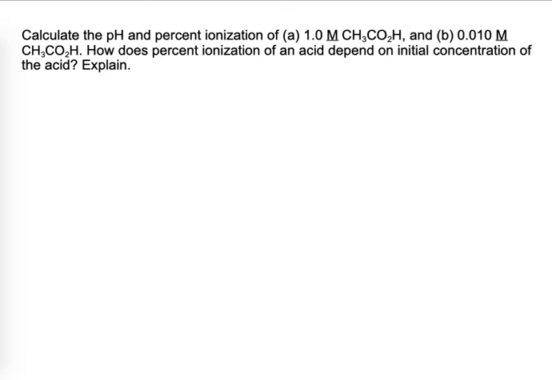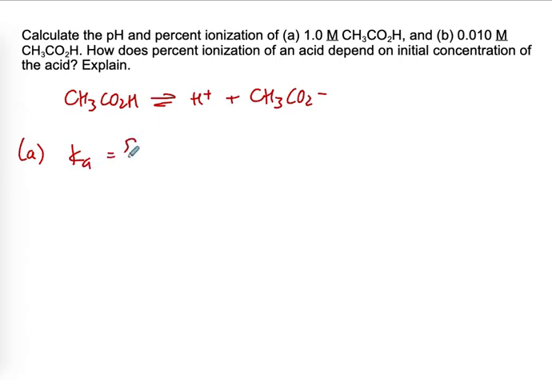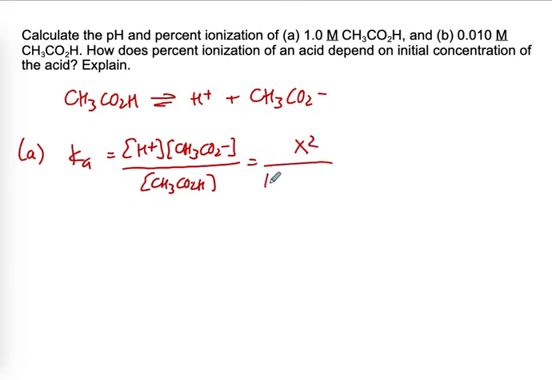Well, let's see. So for each of these, I can write the equation. Acetic acid ionizes to form the hydrogen ion plus the acetate anion. For A, Ka equals H plus, CH3CO2 minus over CH3CO2H, so this is the same for both, equals x squared over 1.0 minus x equals 1.8 times 10 to the negative fifth.